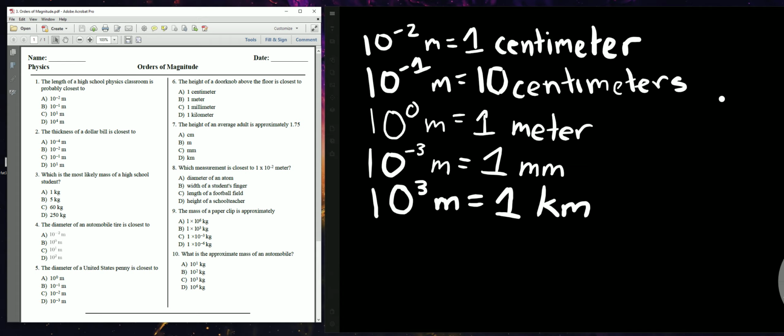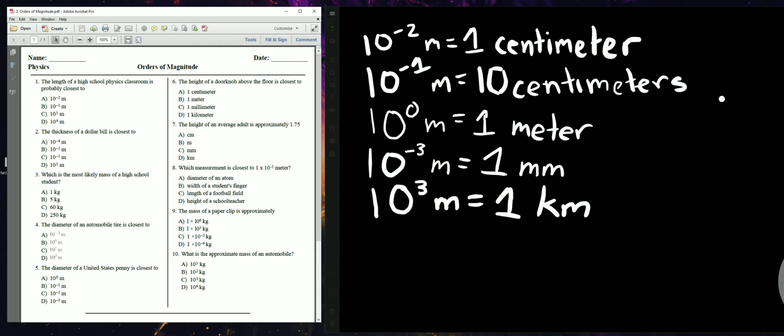So we're looking at B, C, and D. We know that C and D are higher values than B. And if 10 to the negative 2 is the diameter of a penny, we probably know that the thickness of a dollar bill is much smaller than that. So it's going to be A, because all the other values are much higher.